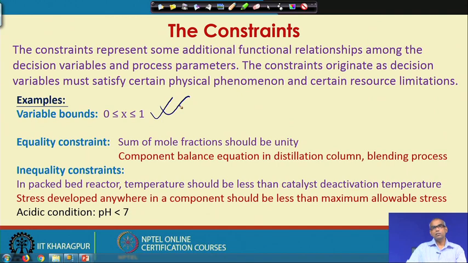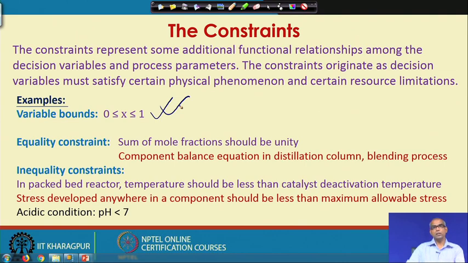Inequality constraint will be of less or equal to type or greater or equal to type. Note that less or equal to type can be converted to greater or equal to type and vice versa by taking the minus sign. Examples of inequality constraints: in a packed bed reactor, temperature should be less than the catalyst deactivation temperature.